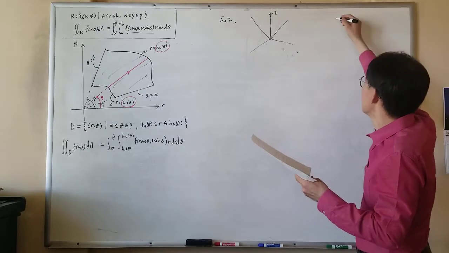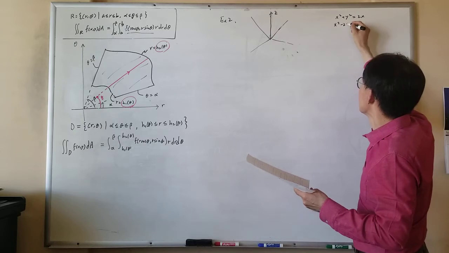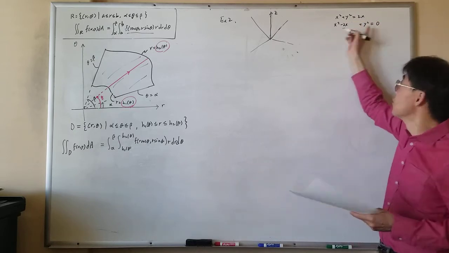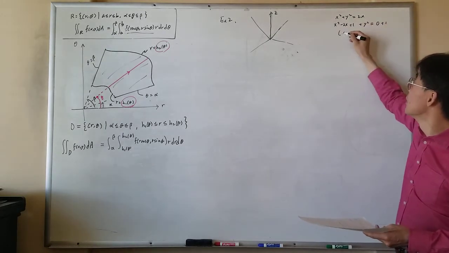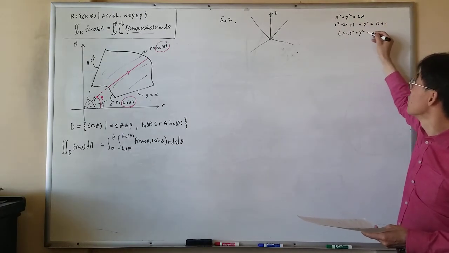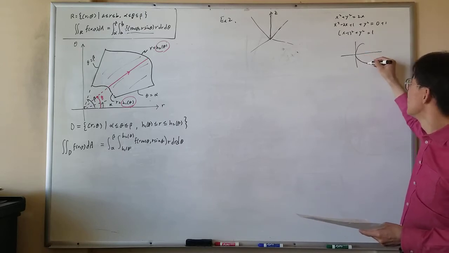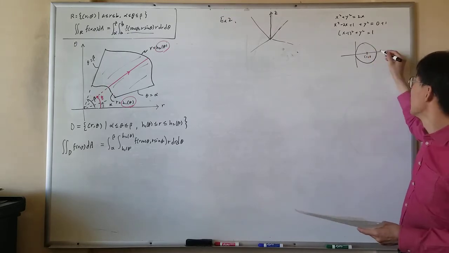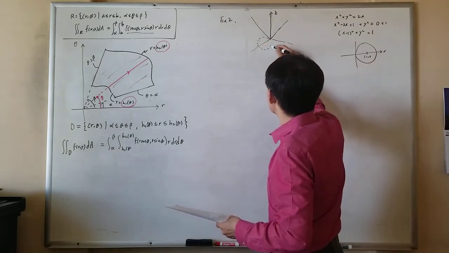You know what? x squared plus y squared equals 2x means that x squared minus 2x plus y squared equals 0. Adding 1, x minus 1 squared plus y squared equals 1 squared. It's a circle with radius 1, center (1, 0), along x.